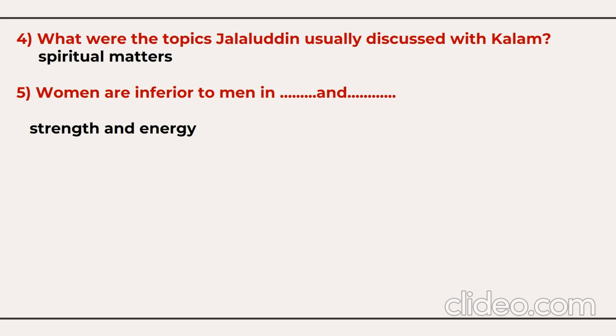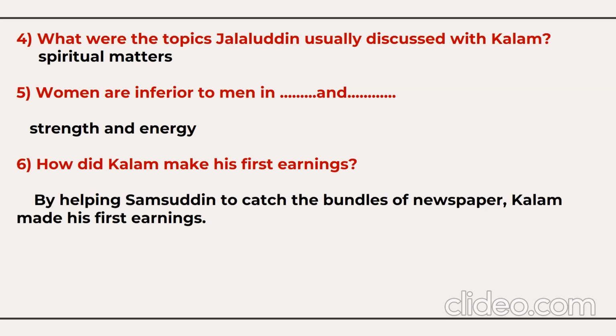The next question: how did Kalam make his first earnings? How did Kalam make his first earnings? By helping Samsuddin to catch the bundles of newspaper, Kalam made his first earnings.